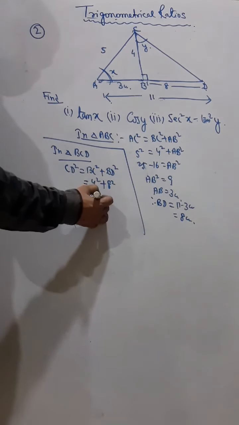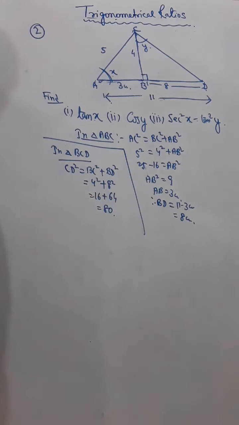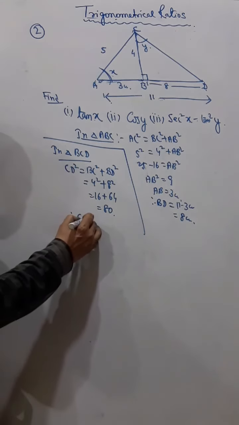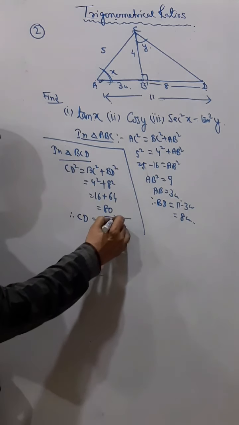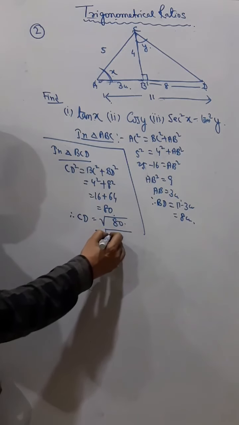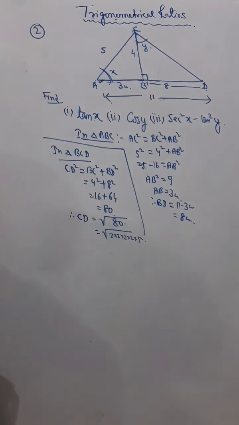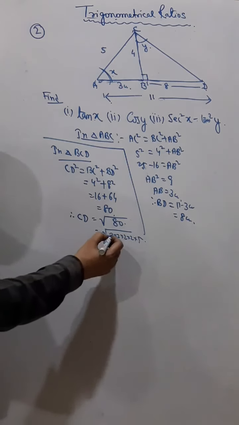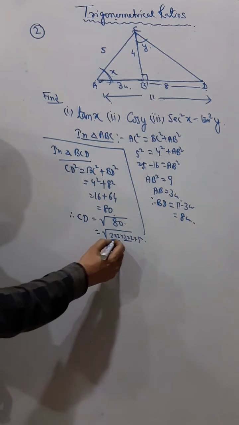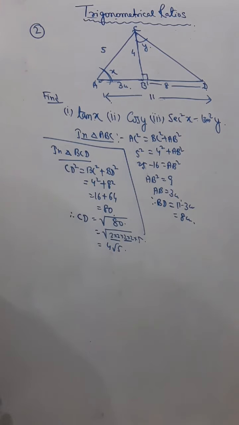So we get 16 plus 64, and that we are getting as 80. Okay. And finally we can say CD is equal to root over 80. Okay, now we can break this 80 as 2 into 2 into 2 into 2 into 5. So we can say it is 2 into 2, that is 4 root 5. Okay, CD is 4 root 5, no problem.